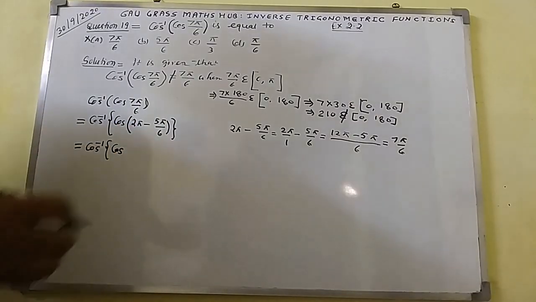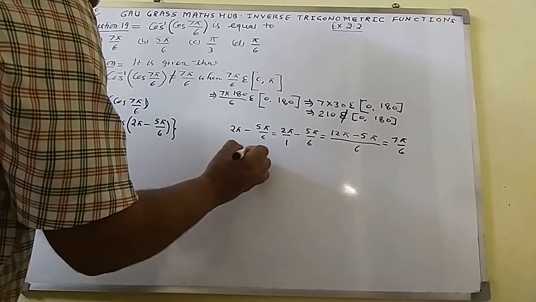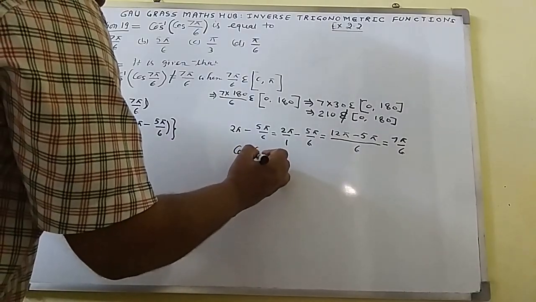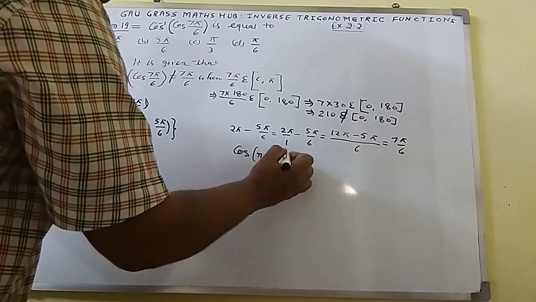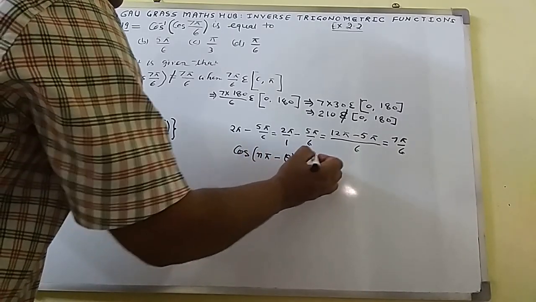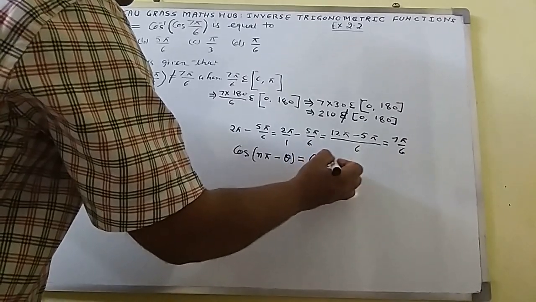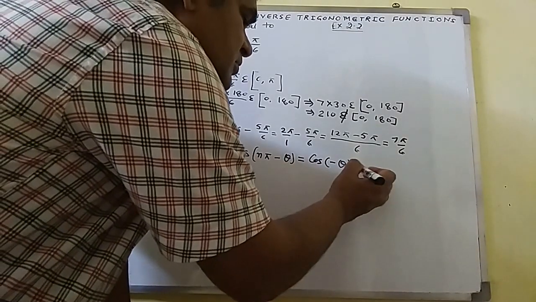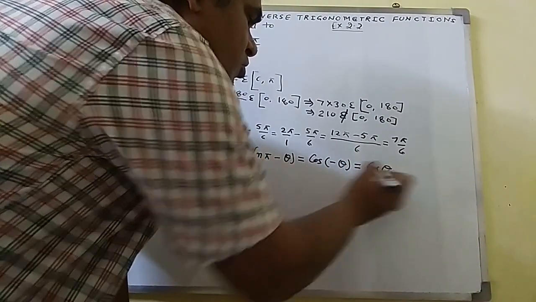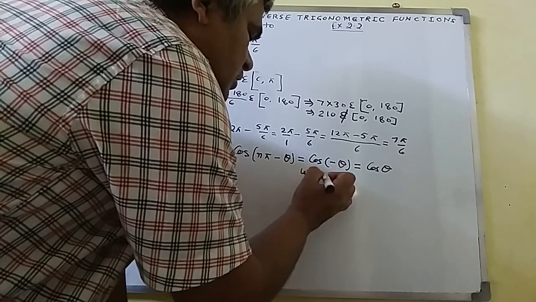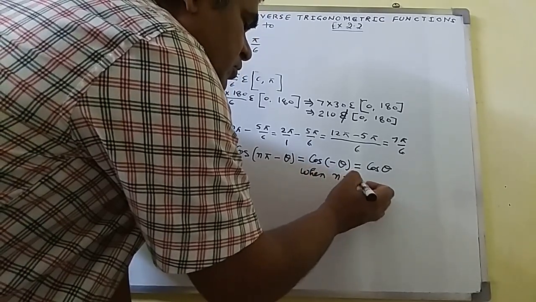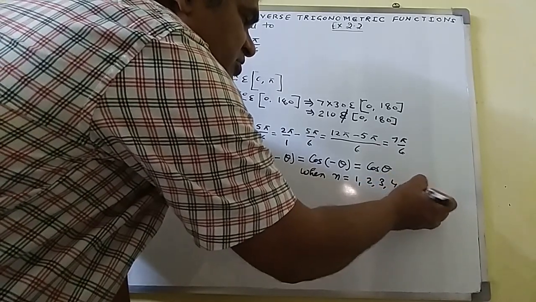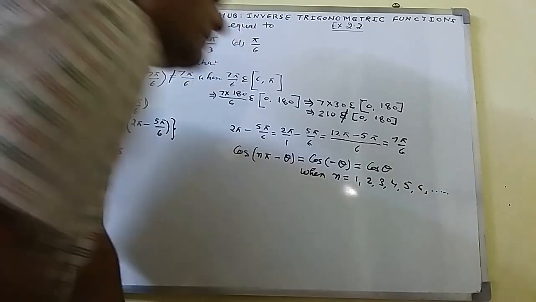This is the formula: cos of n pi minus theta comes out to be cos minus theta, equal to cos theta, where n equals 1, 2, 3, 4, 5, 6 and so on.